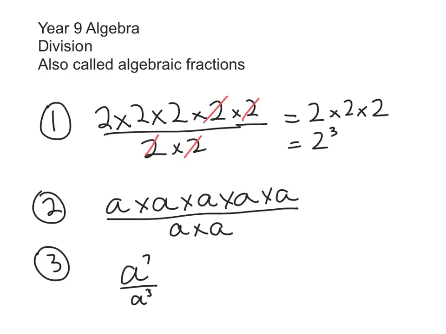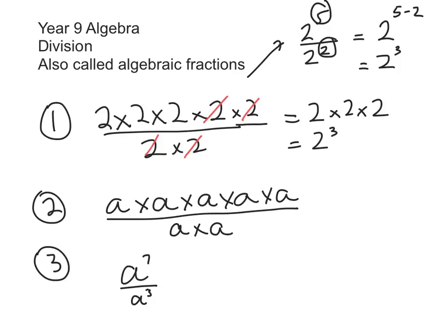So another way I could have written that was to write, for this one, 2 to the power of 5 over 2 squared. And I end up getting 2 to the power of 5 minus 2. So I can just subtract the denominator index from the numerator index as long as the bases are the same. So we get 2 cubed.